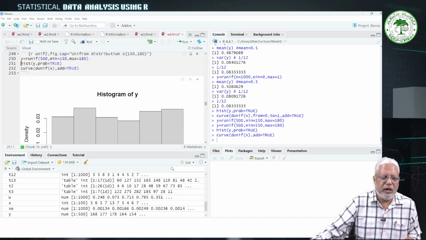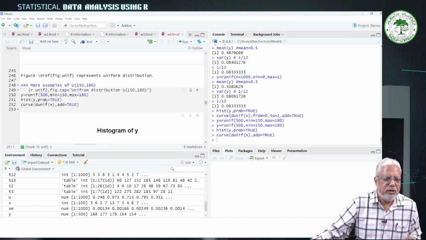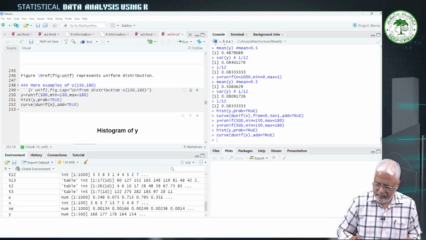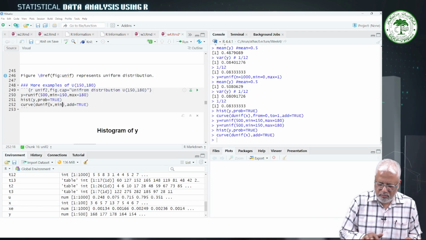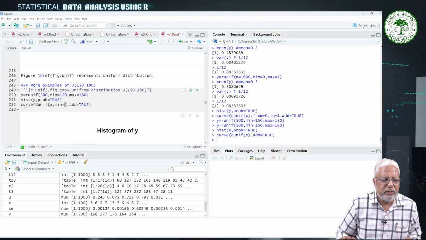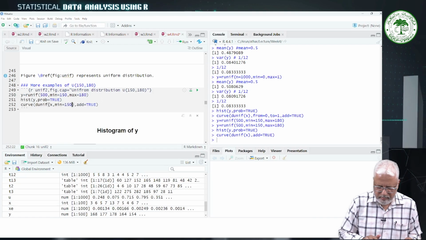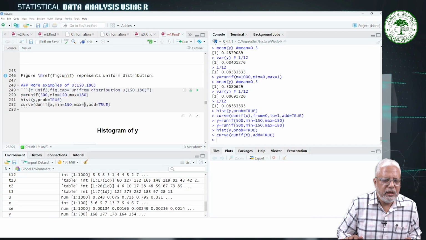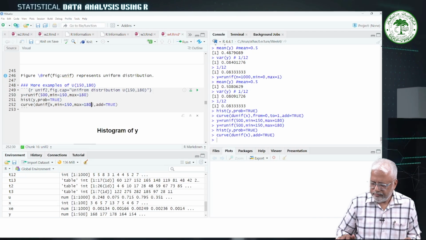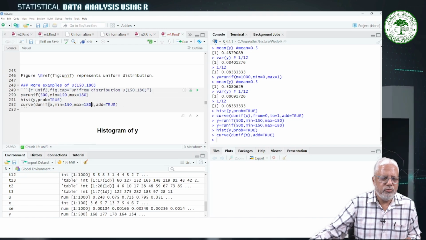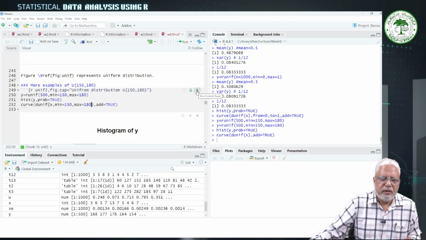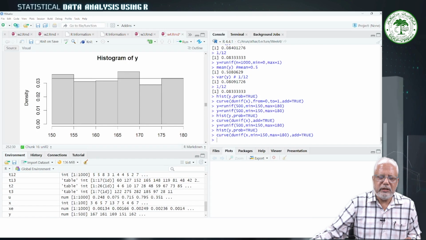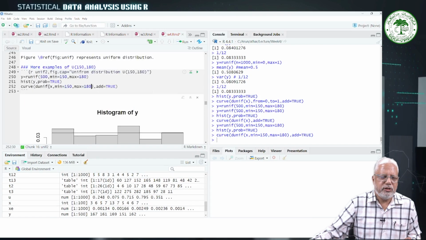Here it is not showing because I have not given the parameters of the curve dunif, and that is min is equal to 150 and max is equal to 180. Now if we run this, we are getting the histogram. The histogram and curve both are matching, so that means our simulation is correct.